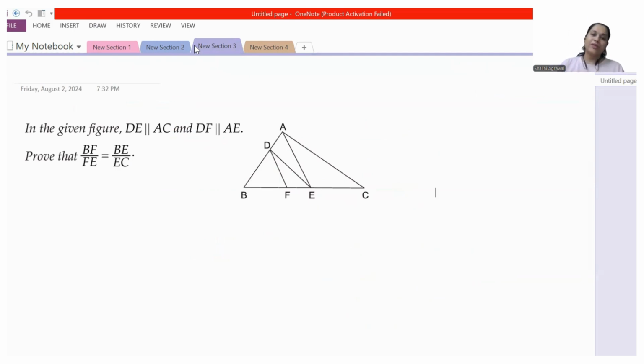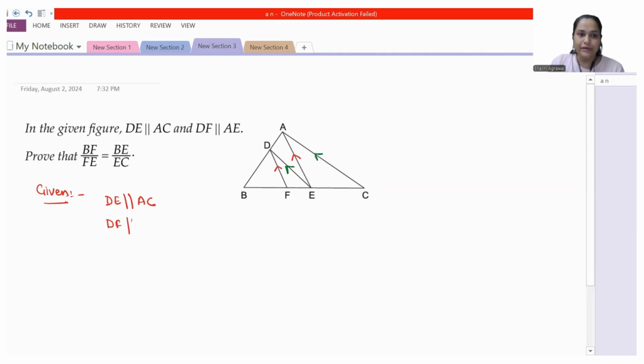First of all, what is given is DE is parallel to AC and DF is parallel to AE.